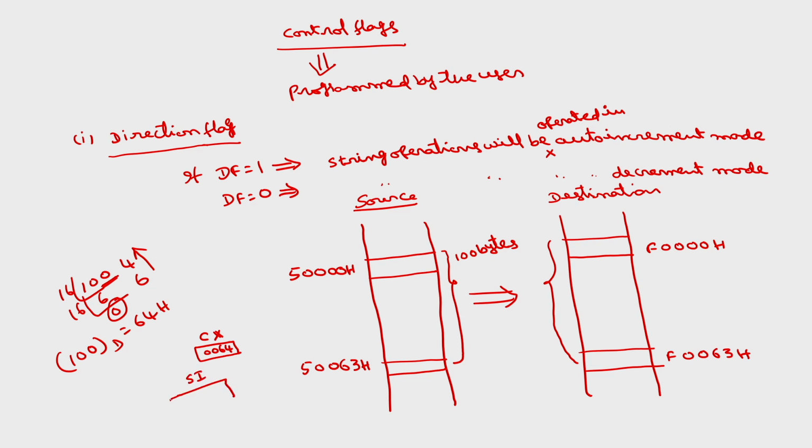The starting address we have to represent in the source index. As I described in the last class, all the registers are 16-bit registers, but the physical address has 20 bits. So, all these registers will store only the starting 16 bits of that particular address. Here the address is 50,000, but the starting 16 bits will be 5,000.